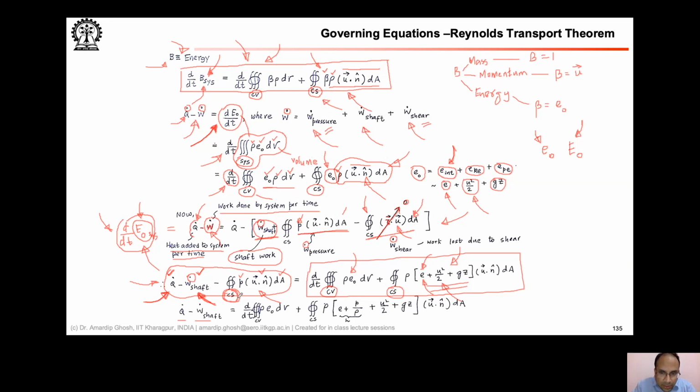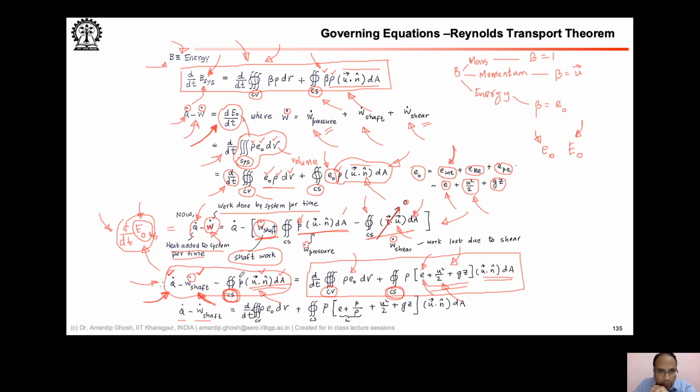However, this integration is on the control surface, and this one integration is also on the control surface, and you see that here also we have the similar u dot n dA on both these integrations. So we can actually bring this P inside a common integral over the surface of the control volume.